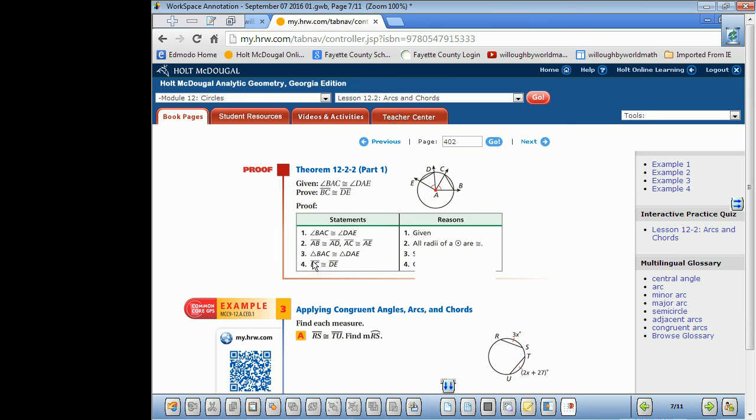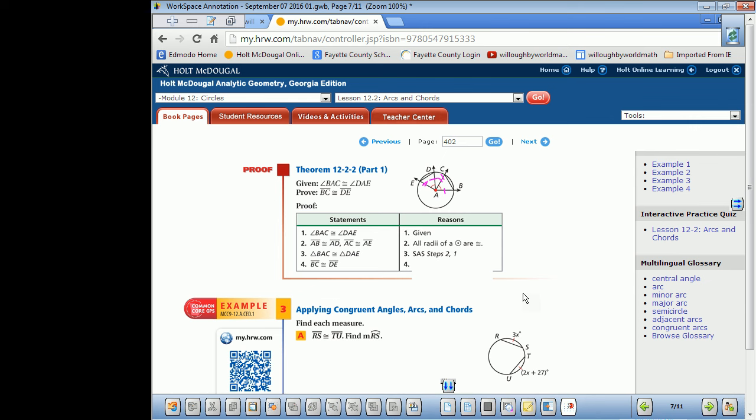Alright, now I see some triangle congruent statements. Time to cry? No, it's not. It's time to get excited. Because this is congruent to this, and this is congruent to this, so the triangles are congruent. This would be side, angle, side.